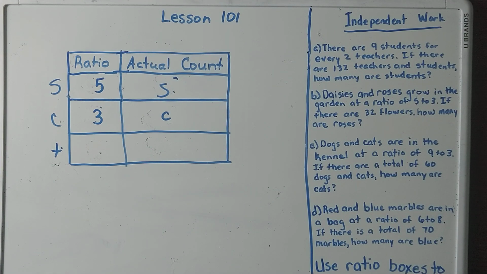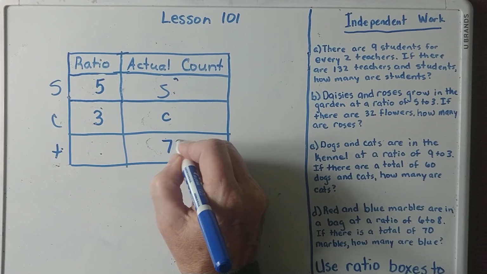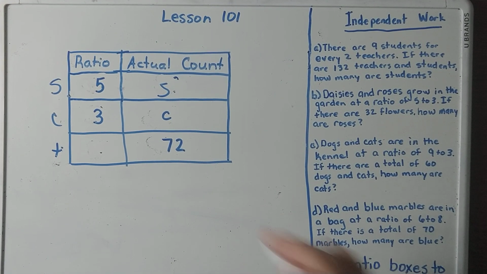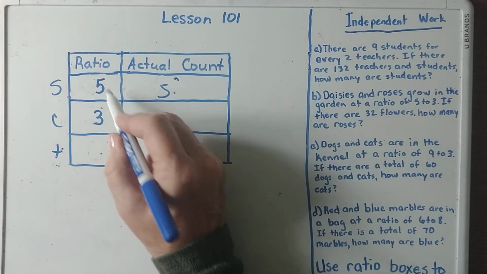If the total number of sparrows and crows on the wire was 72, how many were crows? So what is the total?